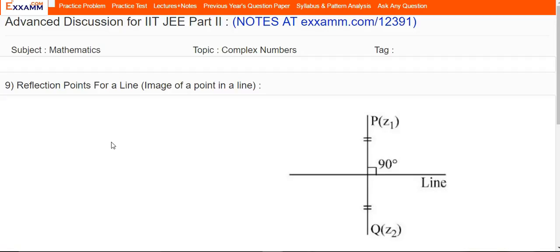Now in the case of a straight line, what is the general equation of a straight line? It is alpha bar z plus alpha z bar plus r, where alpha is a complex constant and r is a real number.